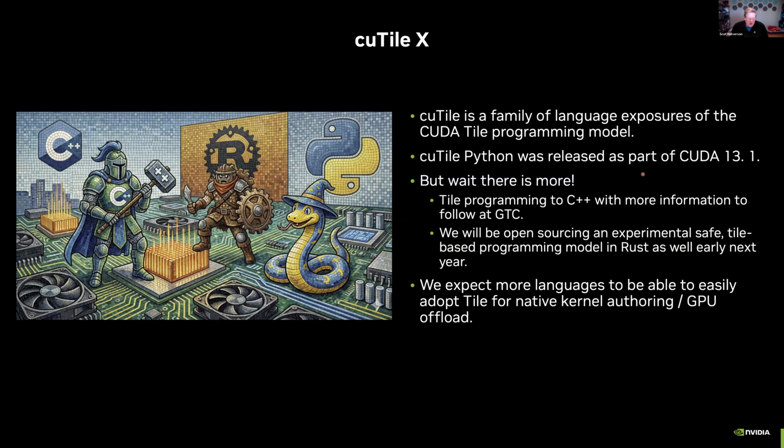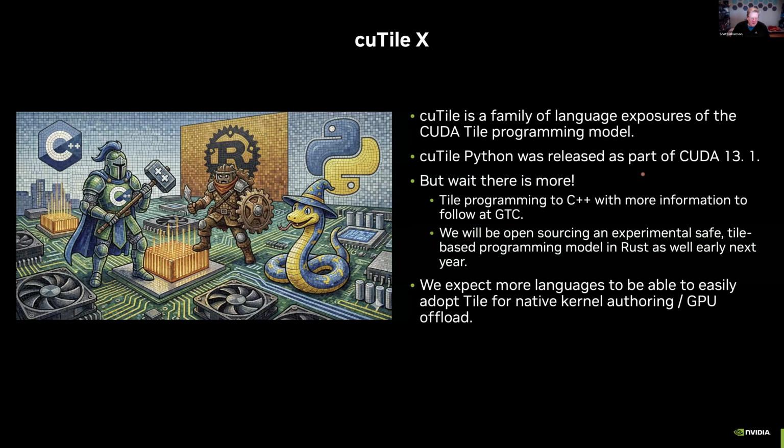I mentioned, C++ is something that we're working on. We'll probably talk more about that at GTC. We'll also talk about this in the context of Rust, and that will be open source as well. And we expect more languages to be easily able to adopt Tile for their native kernel authoring.